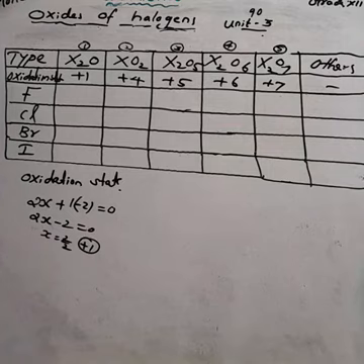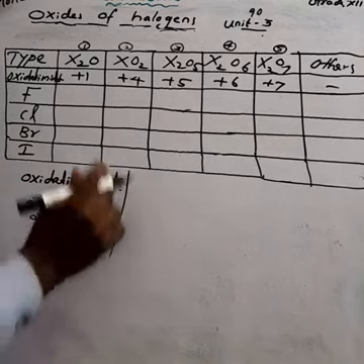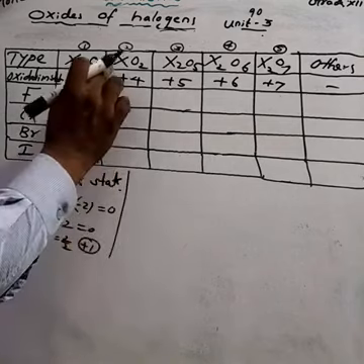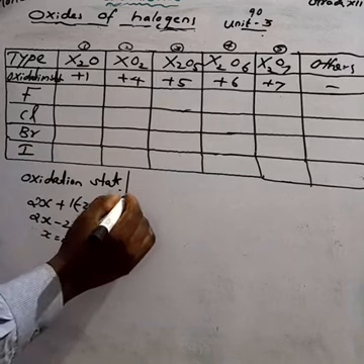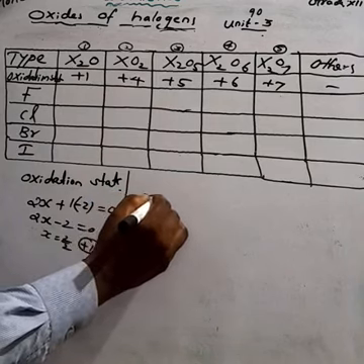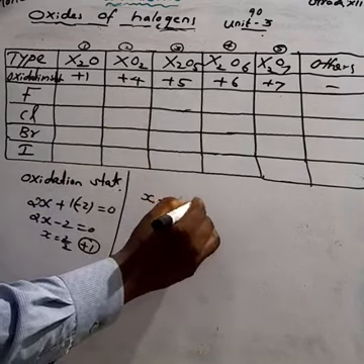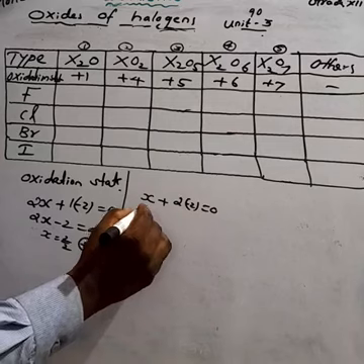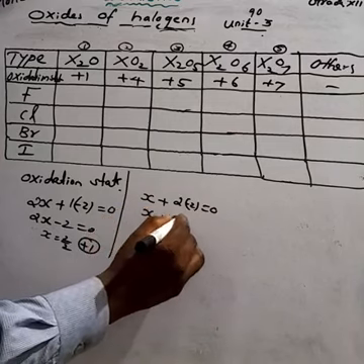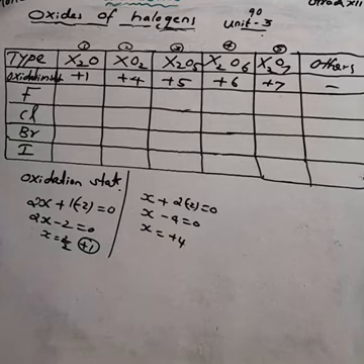What about XO2? How can you find the oxidation state? X we take as X, 2 oxygens having 2 into minus 2, equal to 0. X minus 4 is equal to 0, X is equal to plus 4 oxidation state.